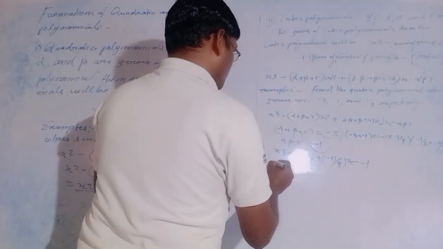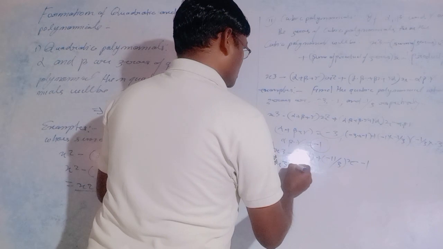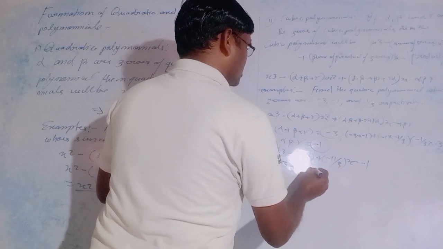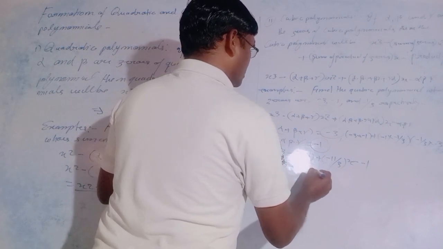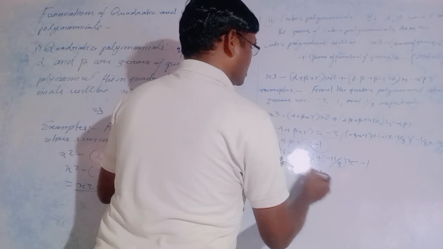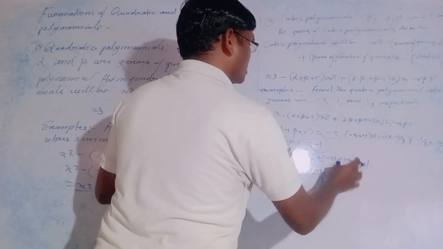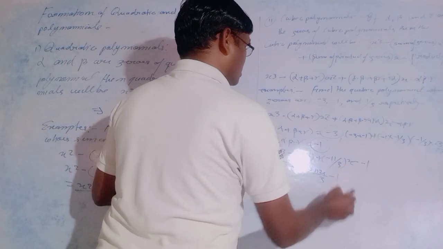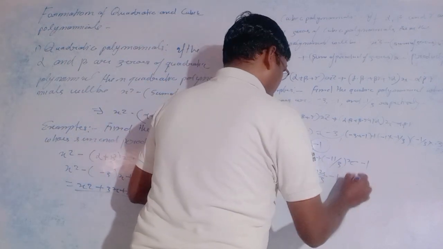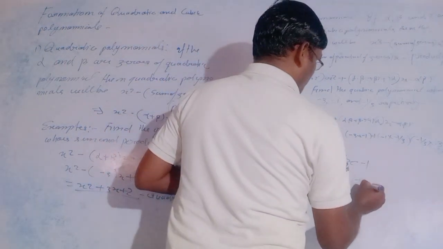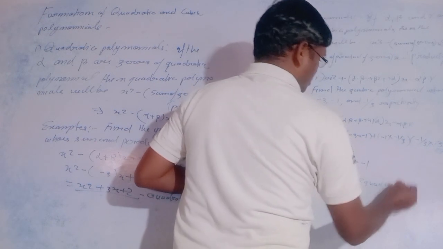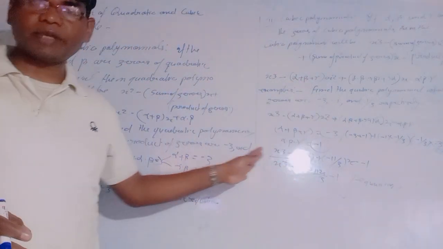So we will write x cube plus 3 minus 11x by 3 minus 1. So this is the equation we have found.